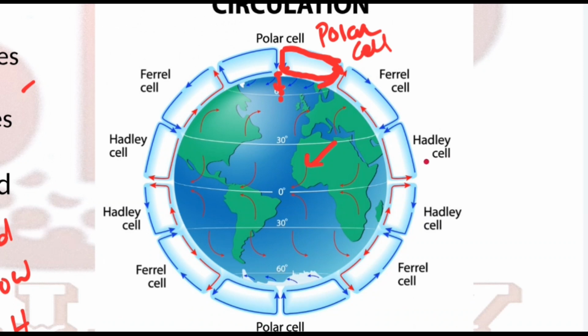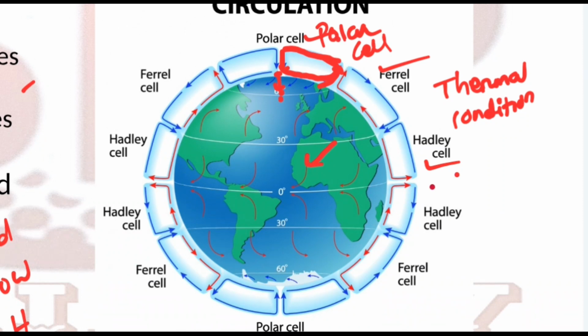That means the Hadley cell and the polar cell are two cells produced by thermal or temperature conditions. The Ferrel cell is the effect of the polar cell and the Hadley cell. It is called a mechanical cell. So how does this form? Now see.